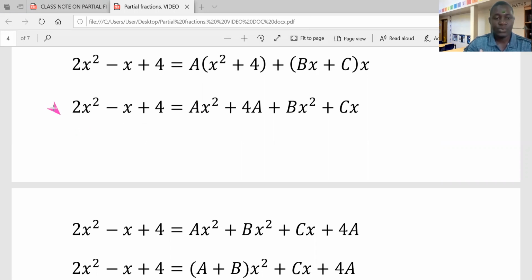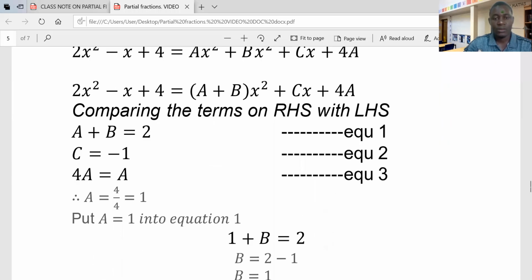So I'll say again, this one is exactly the same thing as this. All right, so this is where we are. We have the 2x squared term here, exactly the same as this.